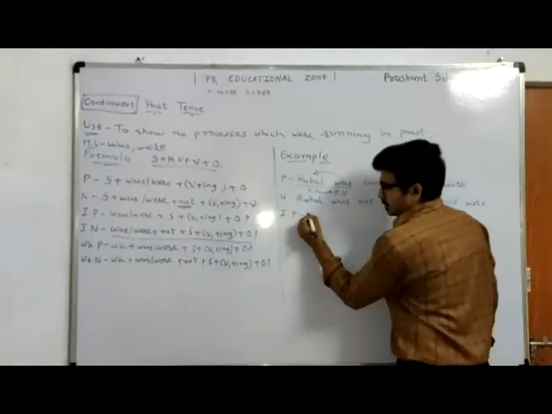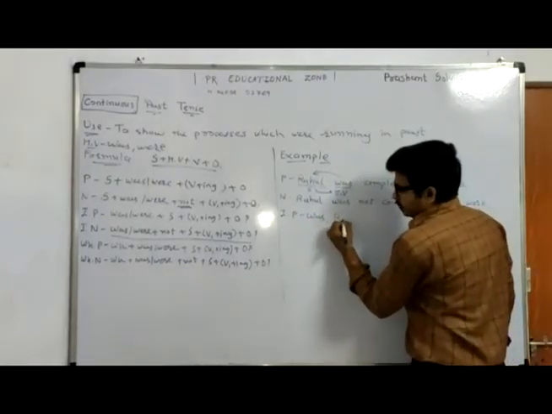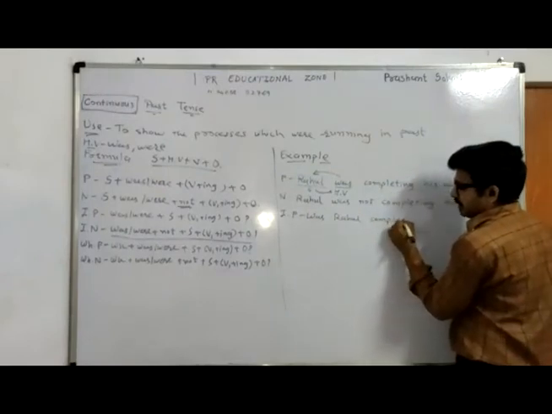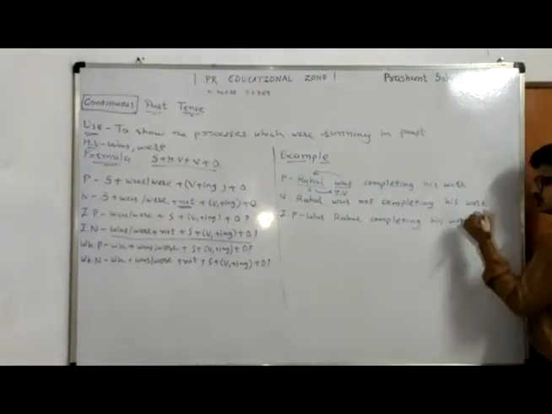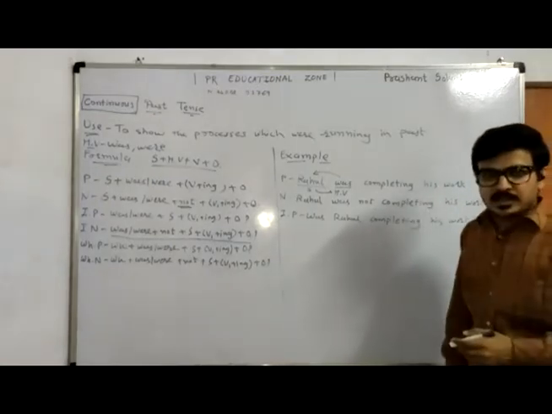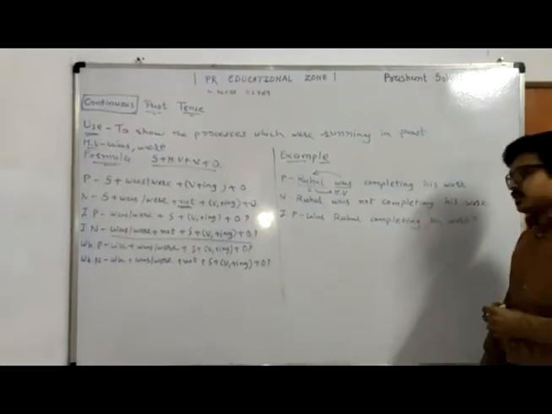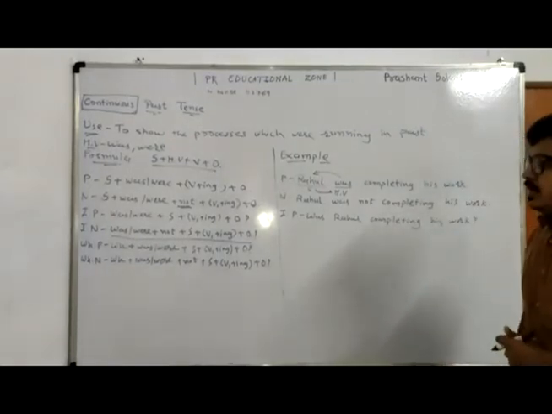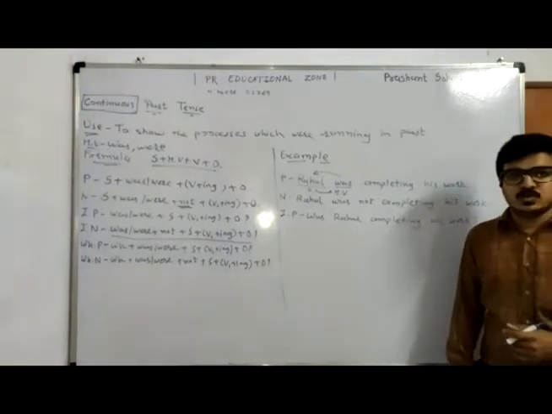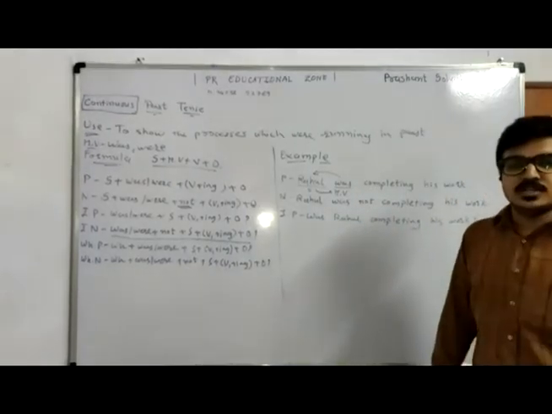First we will take the helping verb, then the subject Rahul: Was Rahul completing his work? So here you can also see that its answer will be in yes or no. If he had completed his work, then we can say yes, and if he had not completed his work, then we can say no. So an interrogative question's answer always comes in yes or no.